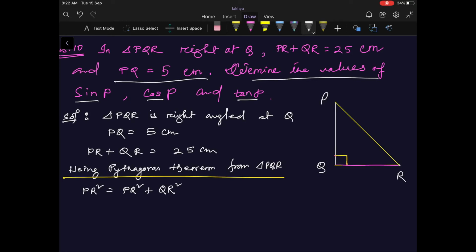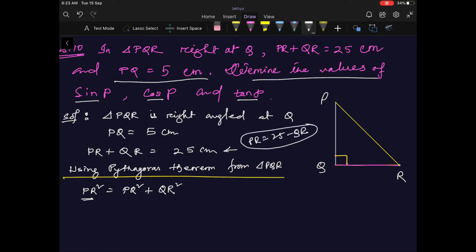Now you see, from this relation PR can be written as 25 minus QR.